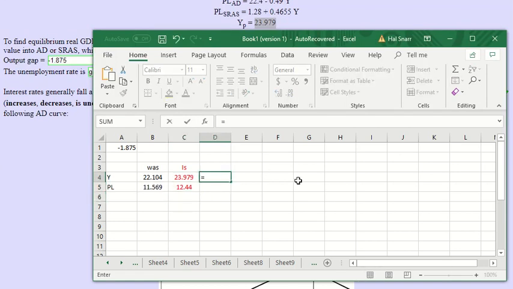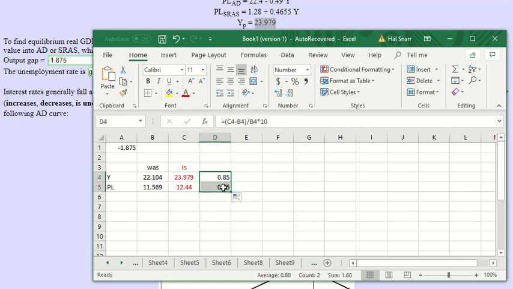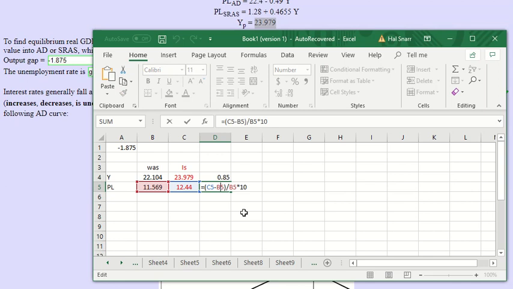So let's calculate the economic growth rate. The economic growth rate is what GDP is minus what GDP was. Divide that difference by what GDP was. Times that by 100 to convert it to a percent. And we get a small percent change in GDP. We do the same thing for the price level. The price level is 12.44. Subtract from that what it was, 11.569.